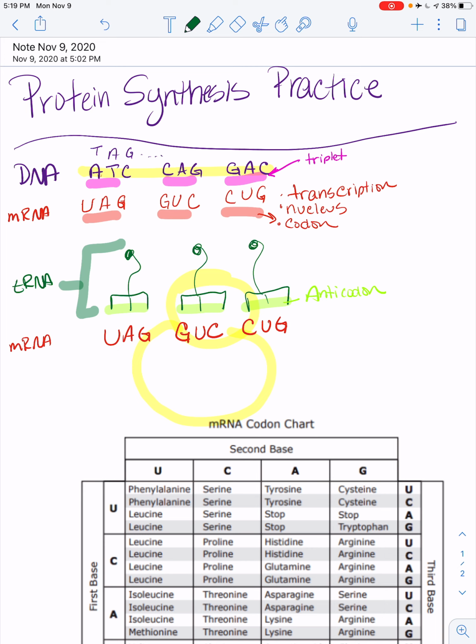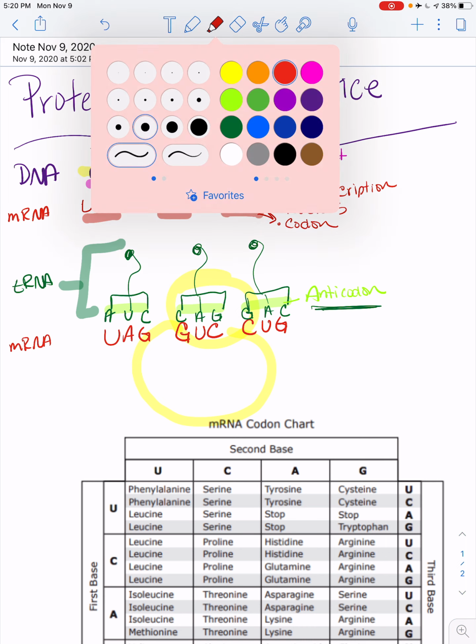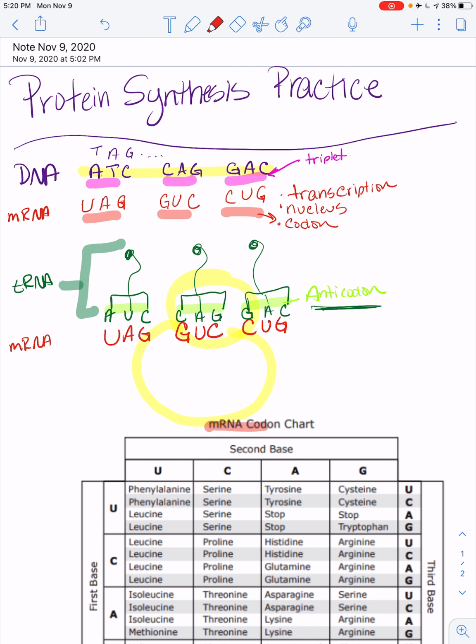So U is going to base pair with A, U with A, G with C. G is going to base pair with C, U with A, C with G. So C is still going to base pair with G, U with A, G with C. So those are your anticodons. But here, what we're going to actually use to determine the amino acid is your mRNA codon chart. So we're using our mRNA to determine what the codon is.